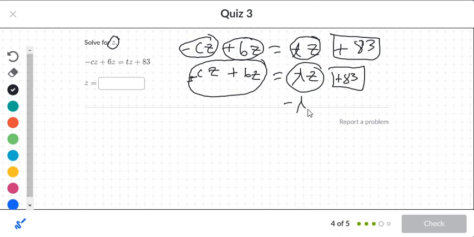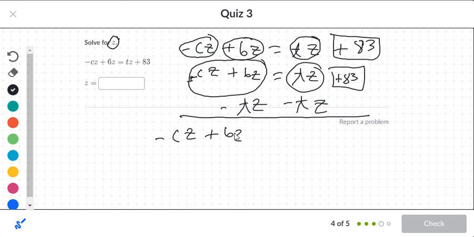So now I want to get this circle out of here, so I want to subtract TZ. So I'm going to get negative CZ plus 6Z minus TZ, cross these out, is equal to 83. Now what I notice here is I have 3 Z's. To make the Z's into one Z, we're going to factor. We're going to write that Z on the outside, and you can cross these out.